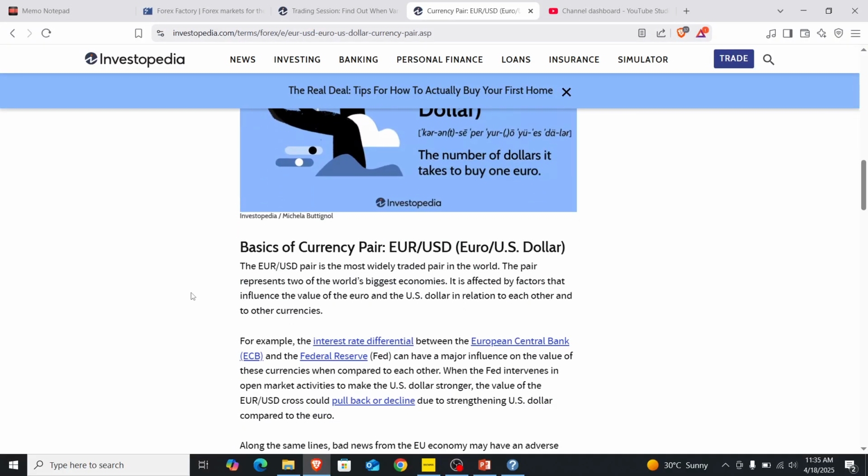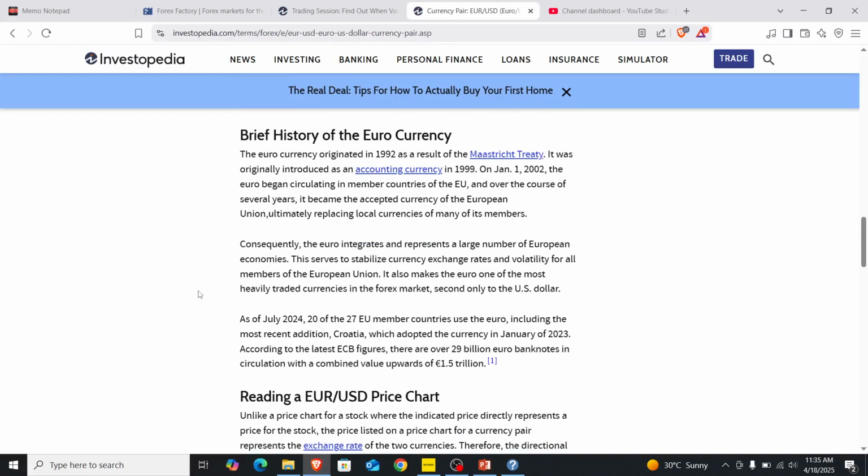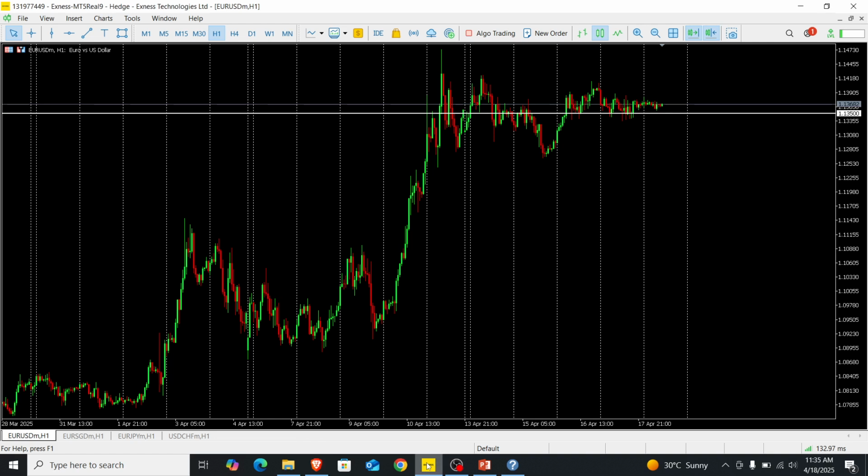You can go ahead and read that. But like I mentioned in my previous videos, whenever you're trading a currency pair, one thing you want to take note of firstly is what currency pair you are trading.